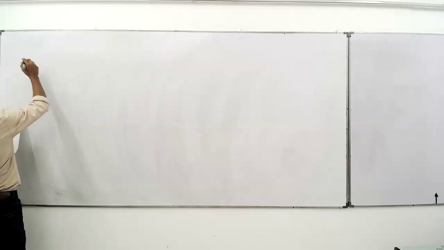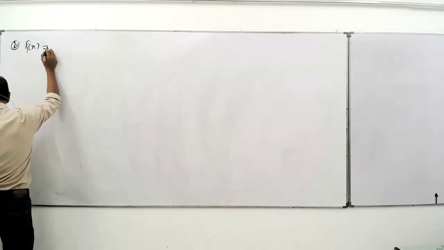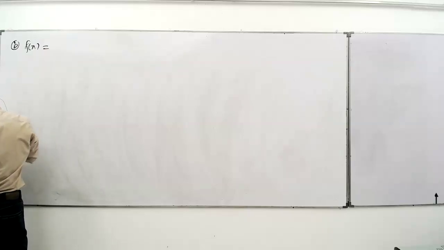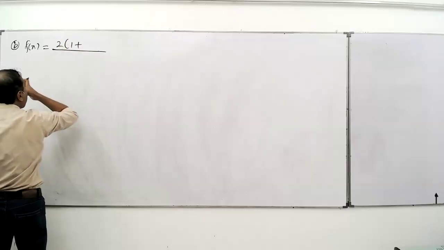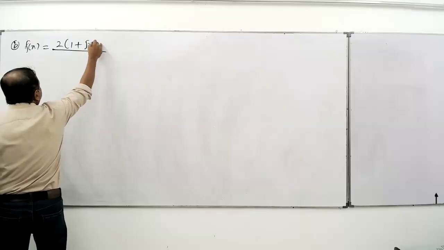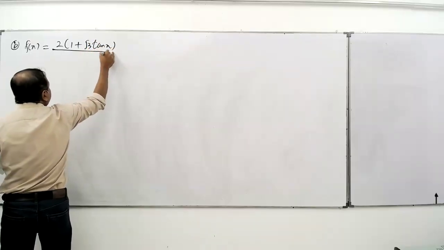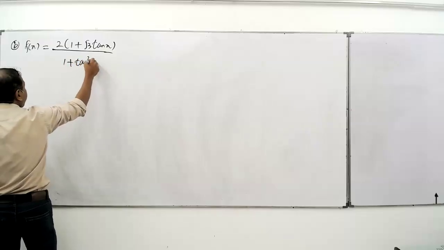f(x) given 2 times 1 plus 2 tan x divided by 1 plus tan squared x.